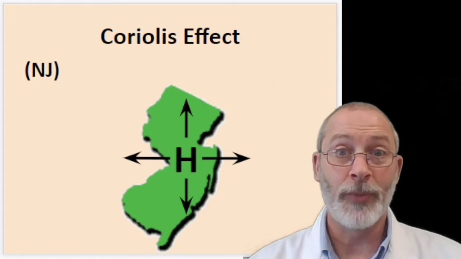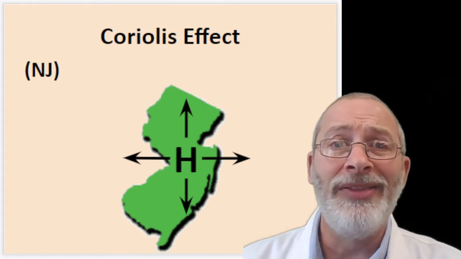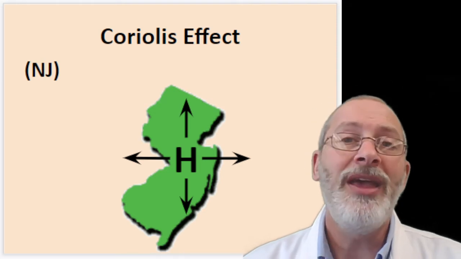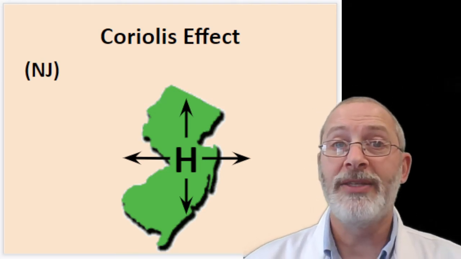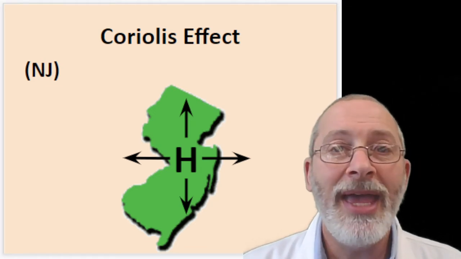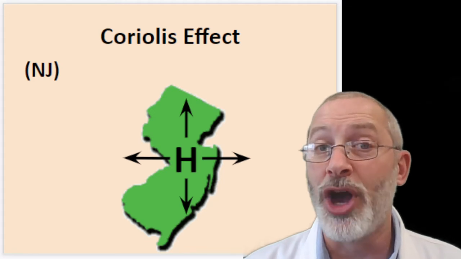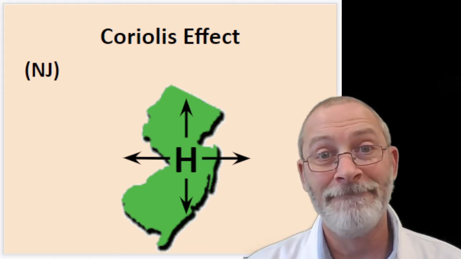Now, hopefully you got that. Now, here in New Jersey, we are in the northern hemisphere. So because of the Coriolis effect in the northern hemisphere, which way is the shift going to be? To the left or to the right?